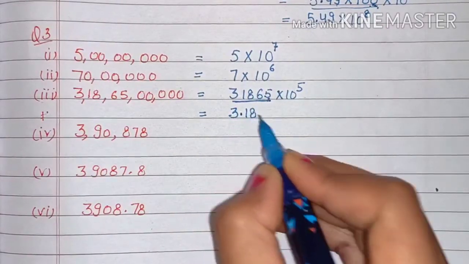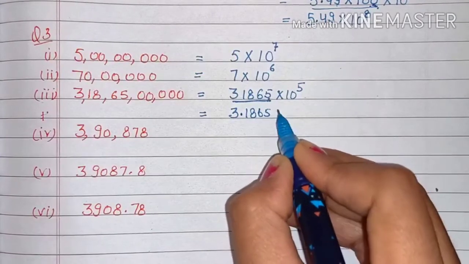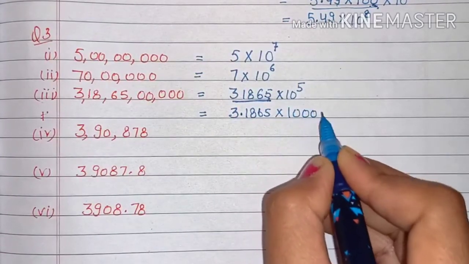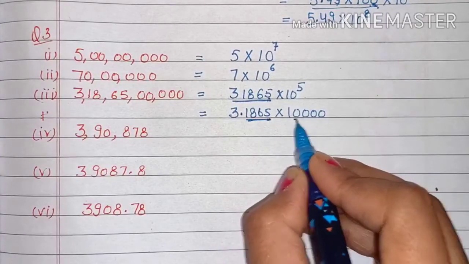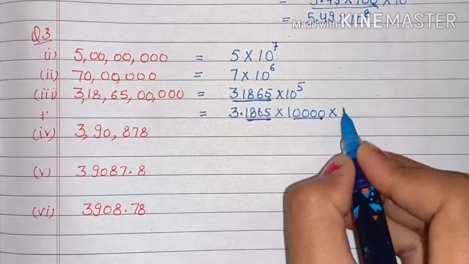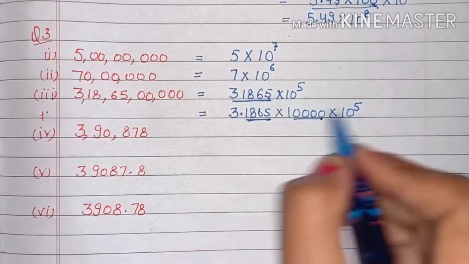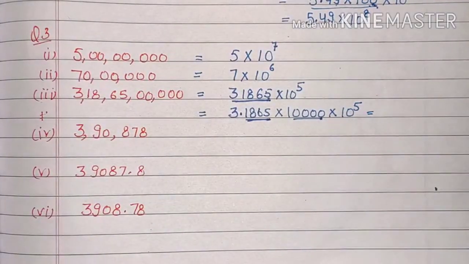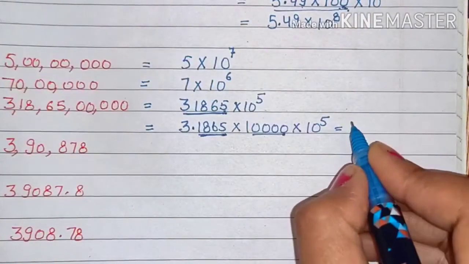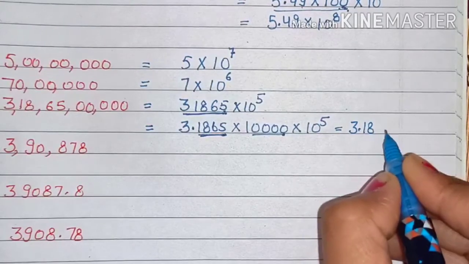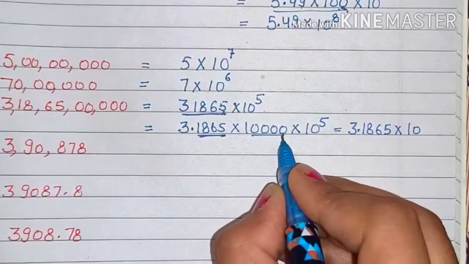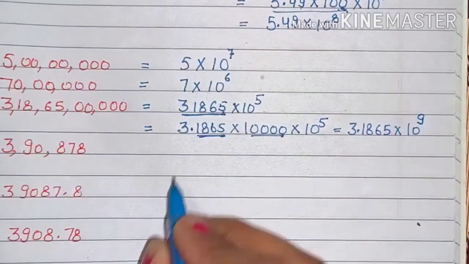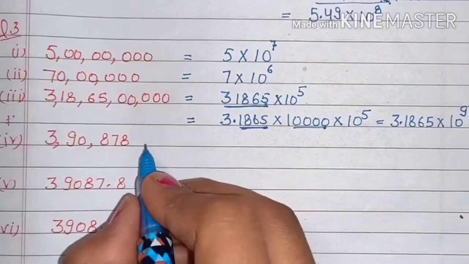So we need to multiply by 4 zeros, because there are 4 digits, and it is 10 raised to power 5. So the final answer is 3.1865 into 10 raised to power, now total how many zeros? 4 and 5, 9. So this is the required standard form.